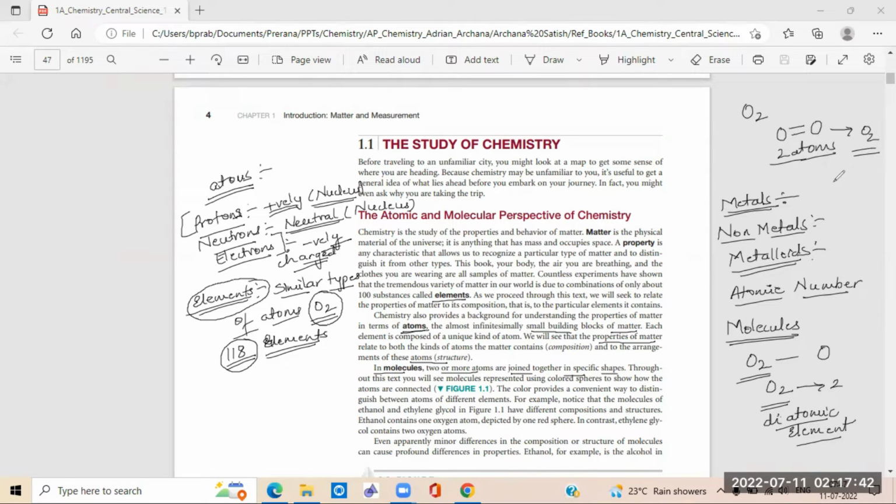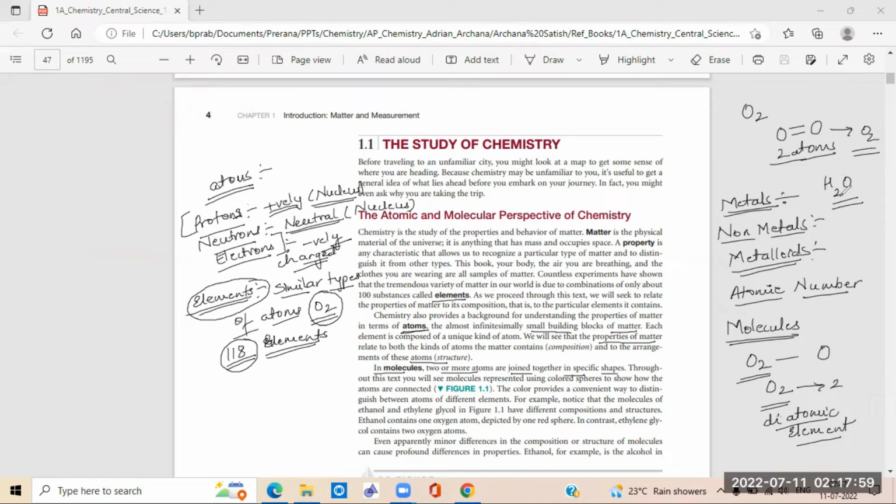Now, it's not that we always have atoms of the same type bonded together. For different compounds, atoms of different elements are also bonded. Like if you take the example of water, H2O.